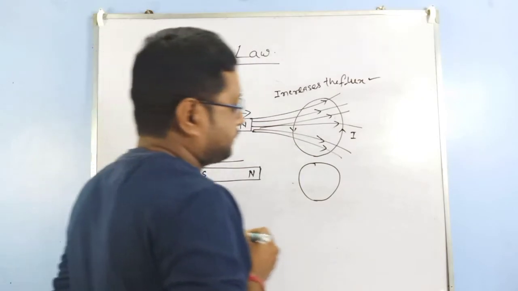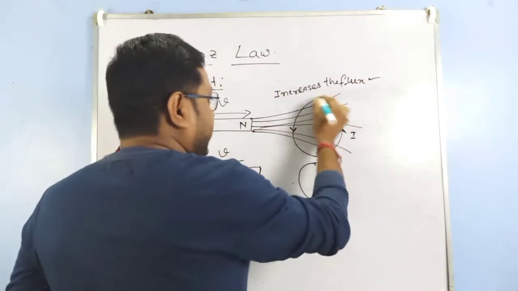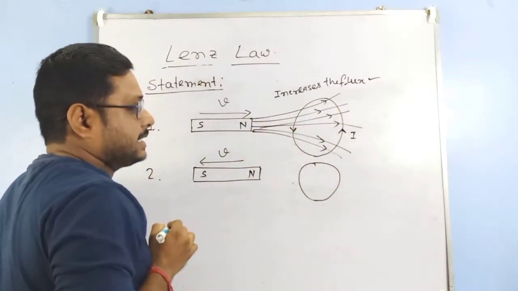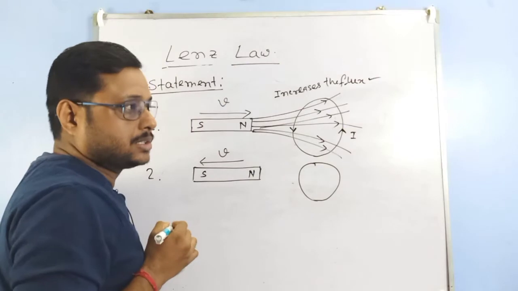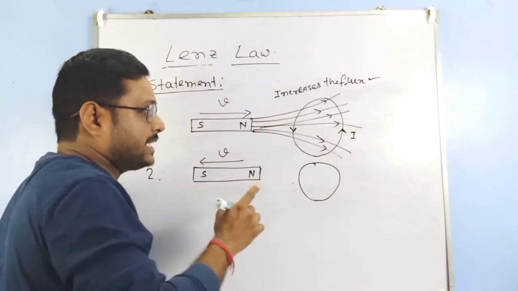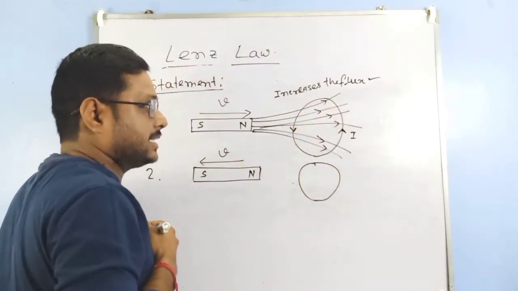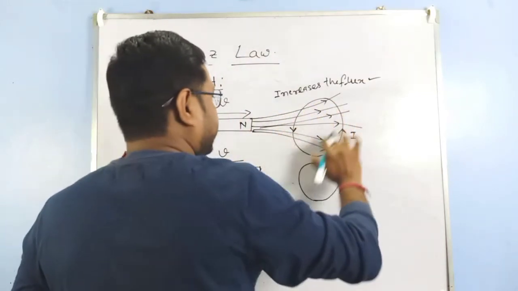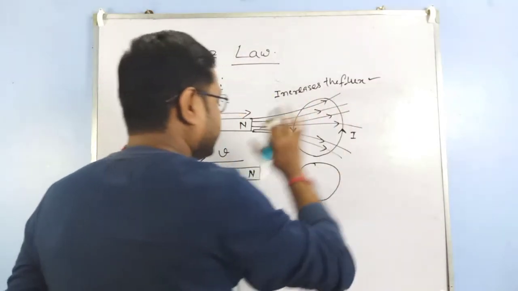How is it possible? A current flows in such a direction that it will produce another magnetic flux of its own, which opposes the original magnetic flux. As a result, the total flux will decrease.